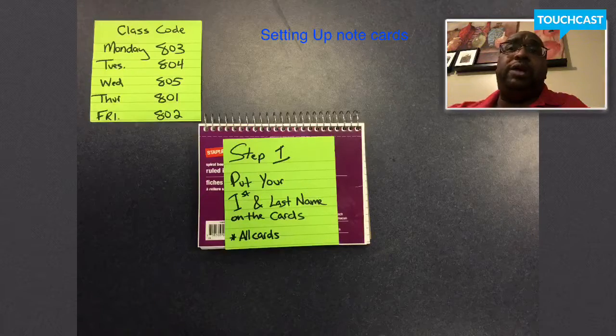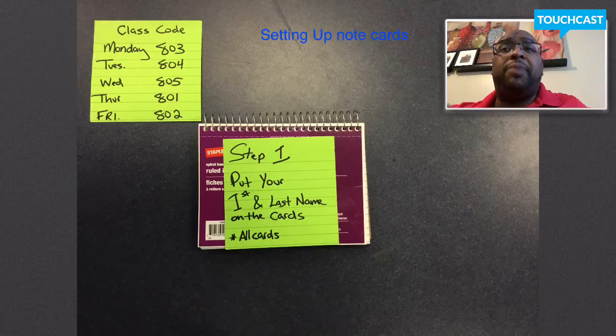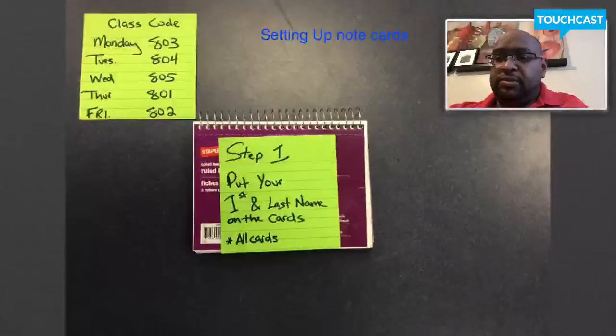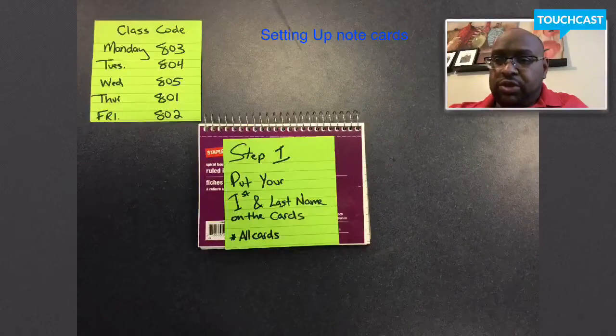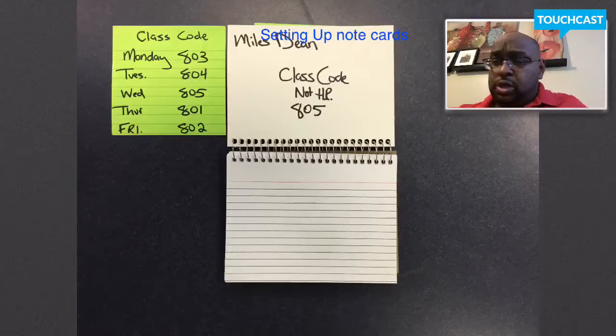But don't put it too big because you may have to put some notes or some other ideas on the back. The next thing that you're also going to include is the course code.